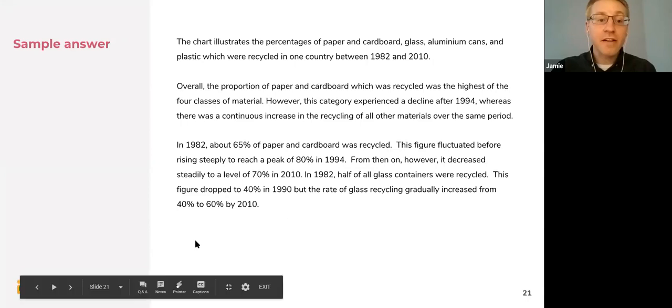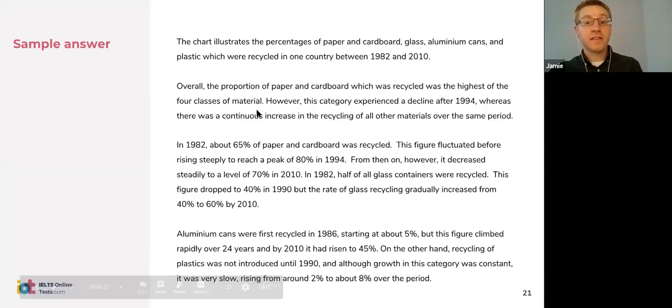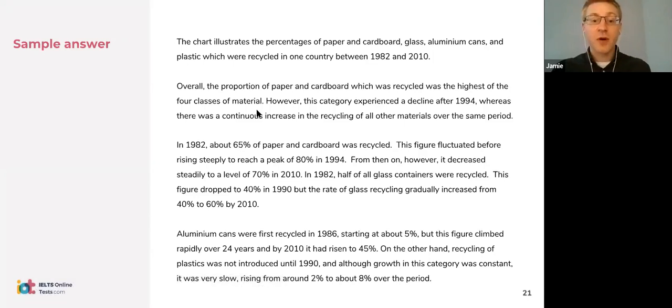But this figure climbed rapidly over 24 years, and by 2010 it had risen to 45%. On the other hand, recycling of plastics was not introduced until 1990, and although growth in this category was constant, it was very slow, rising from around 2% to about 8% over the period.